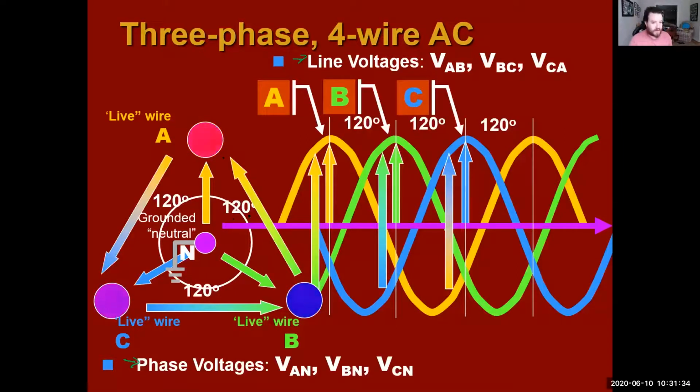Just as our line voltage from A to B in the last slide was 240, our phase voltage was 120. All right, and here our phase voltage is still 120 because we're going only from A to N. But if we look at our line voltages from B to A, A to C, and C to B, those are going to be a lot higher.